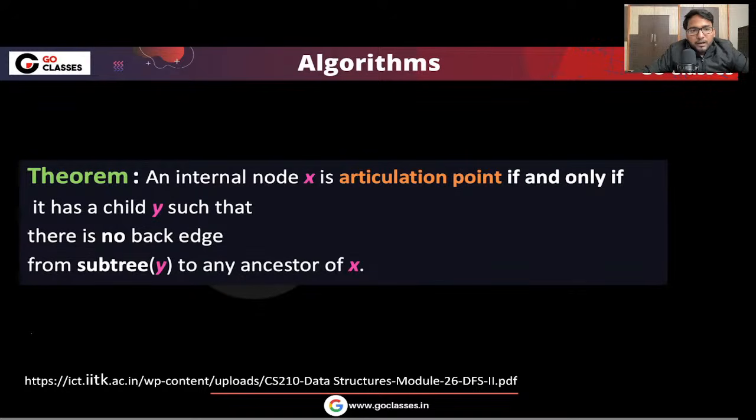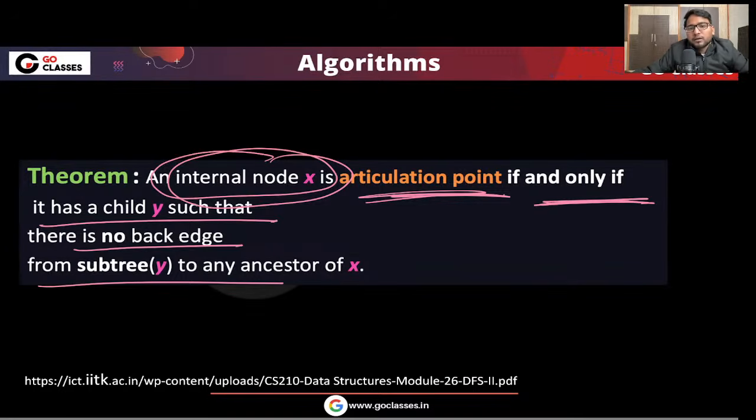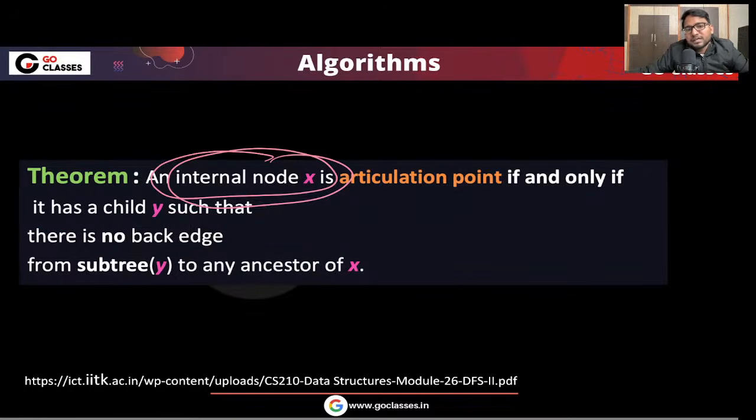An internal node acts as an articulation point if and only if it has a child y such that there is no back edge from the subtree of y to an ancestor of x. So basically it has some child y. There exists at least one subtree, or in easy language, let me write it.